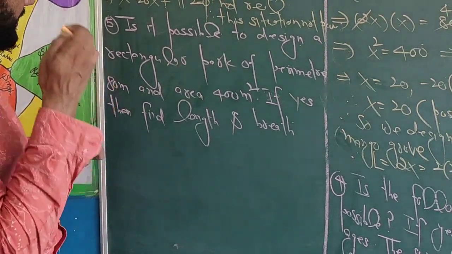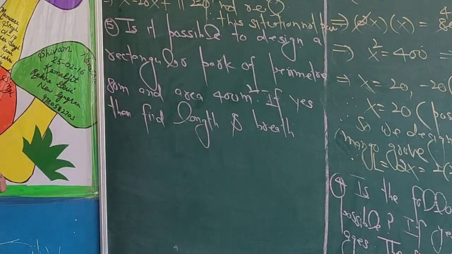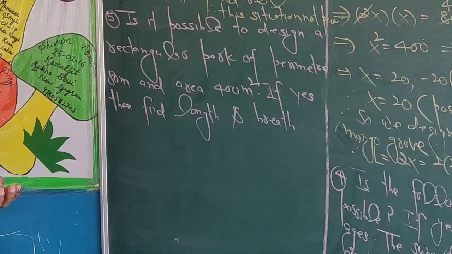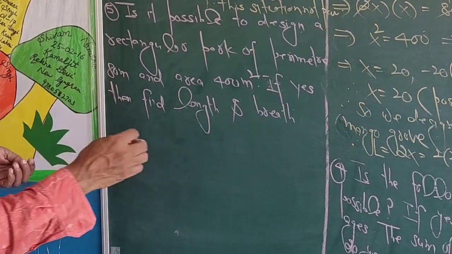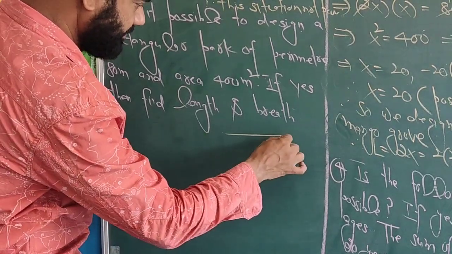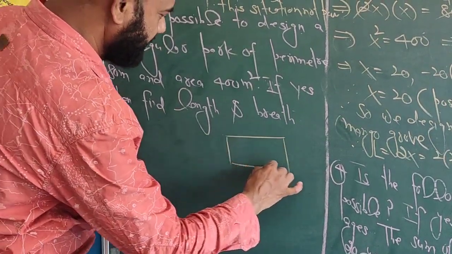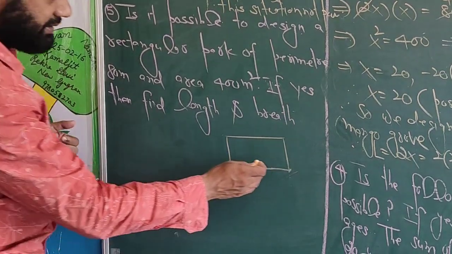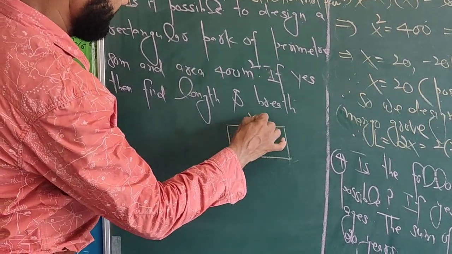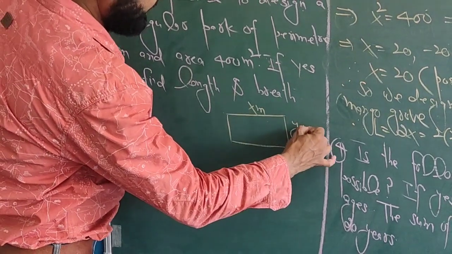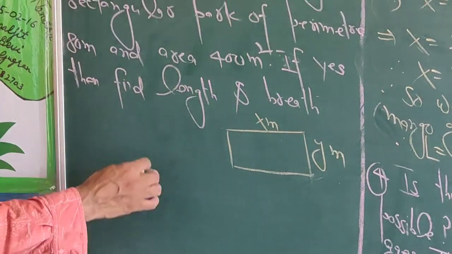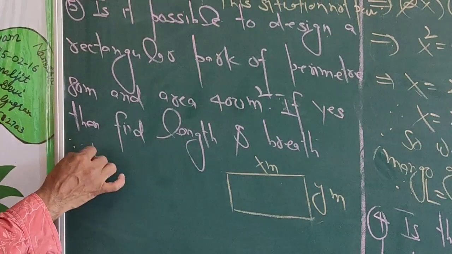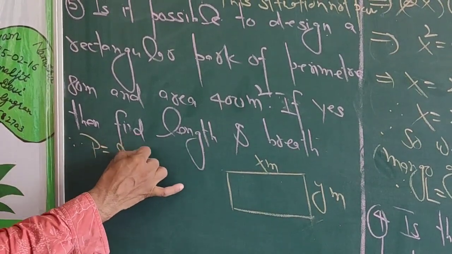In this question, we assume that the length is x and width is y. Suppose length of a rectangular park is x meter and width of rectangular park is y meter. Now it is given the perimeter is 80 meter.